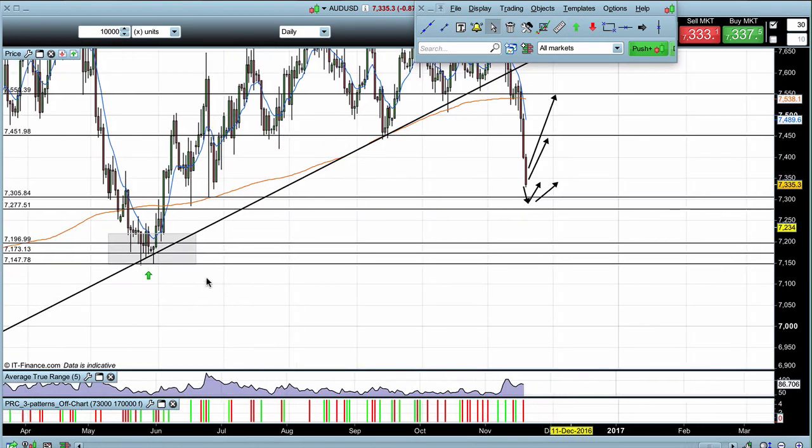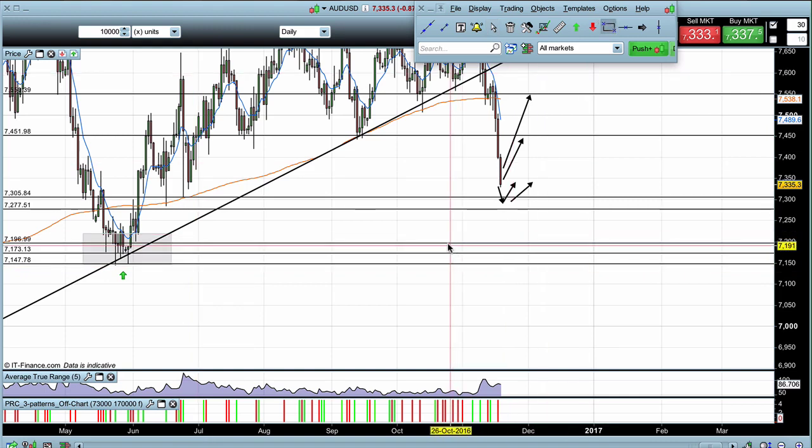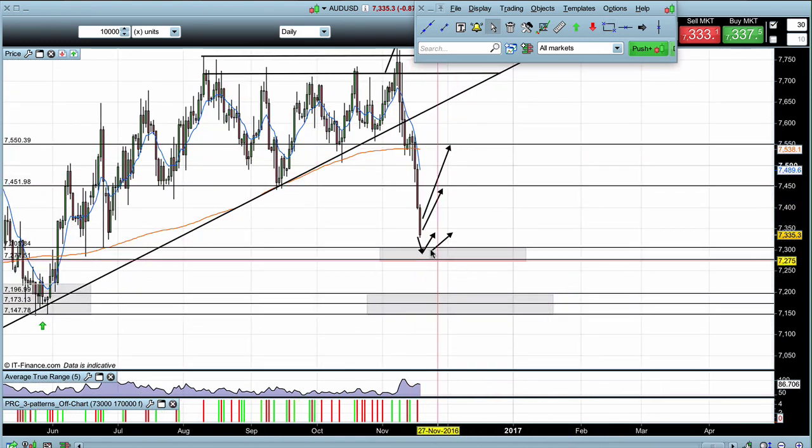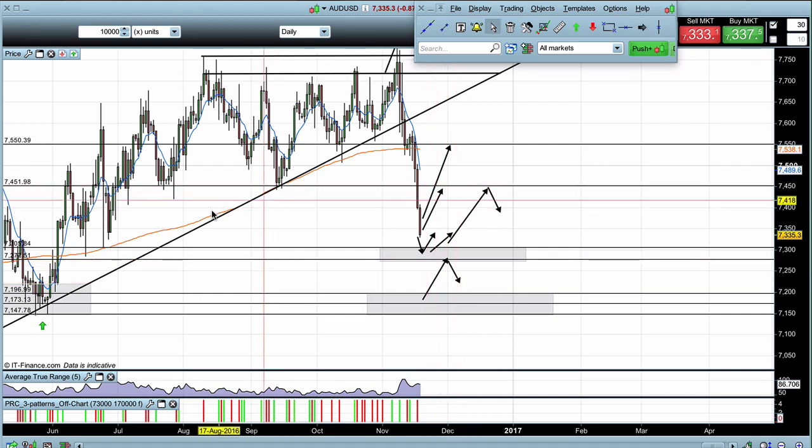So it's going to be a strong level of support. Just mark it in. Now, if we do start to see bullish price action off of either of these levels, I'll then be looking for the market to potentially make the pullbacks to then get short at the key resistance up above.